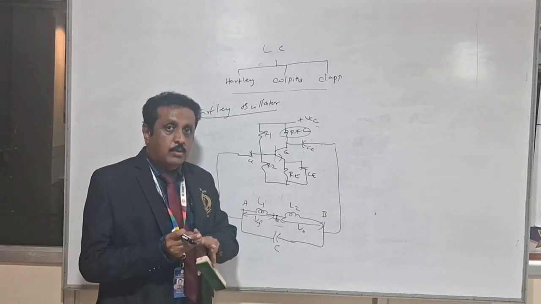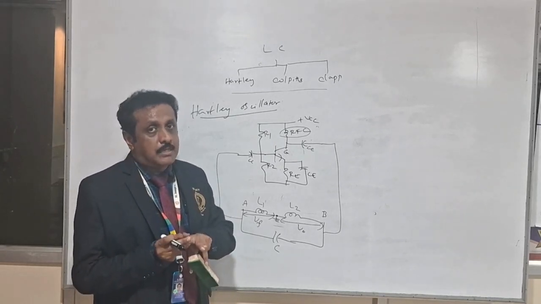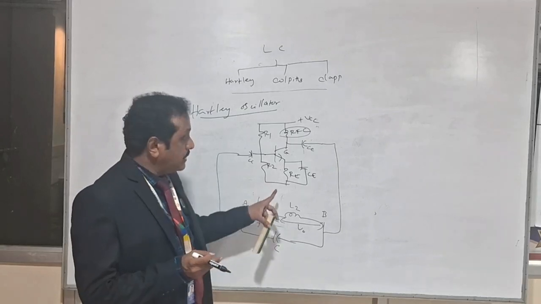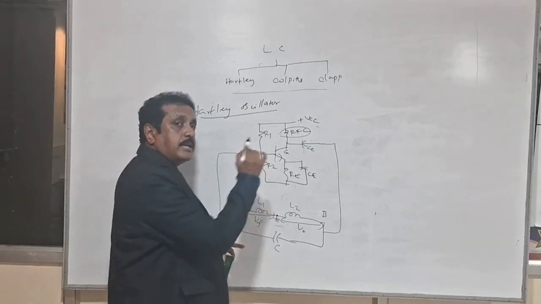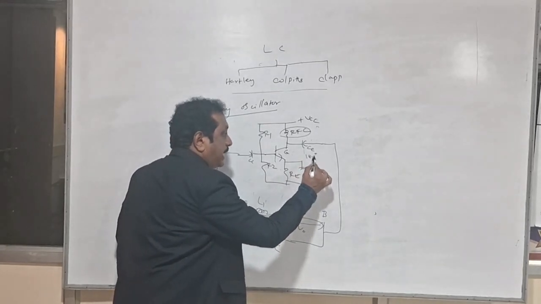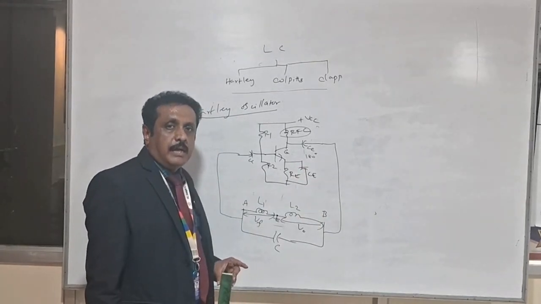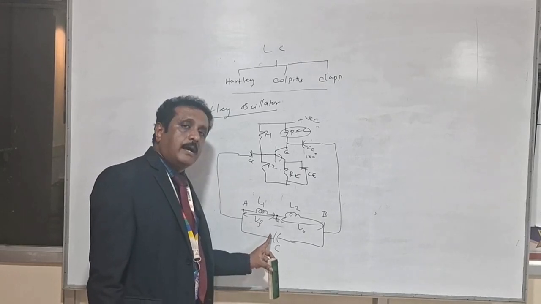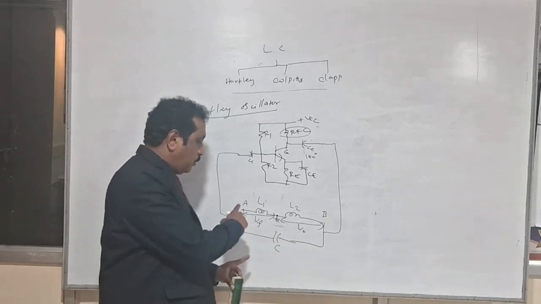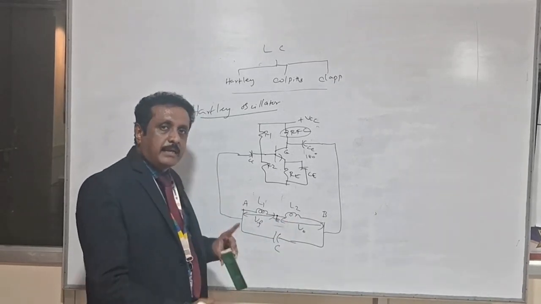One is that the total phase shift around the loop is 0 degree or 360 degree. That is the first condition. In this circuit, we are using a common emitter amplifier, which provides 180 degree phase shift, and another 180 degrees is introduced by the tank circuit, because both ends of the tank circuit maintain opposite phase.